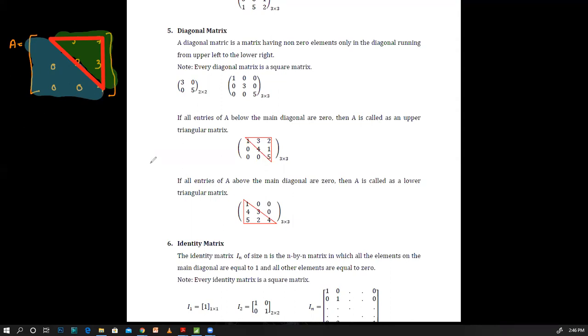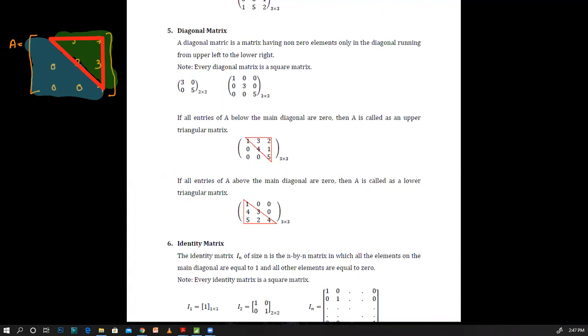Now think about the upper triangular matrices. What we identified was that if all the elements below the main diagonal are zero, then such a matrix is said to be an upper triangular matrix. It is because the triangle is made above the main diagonal.